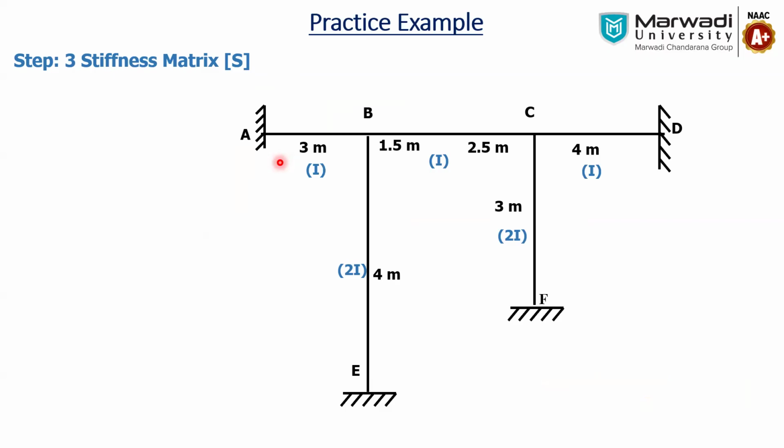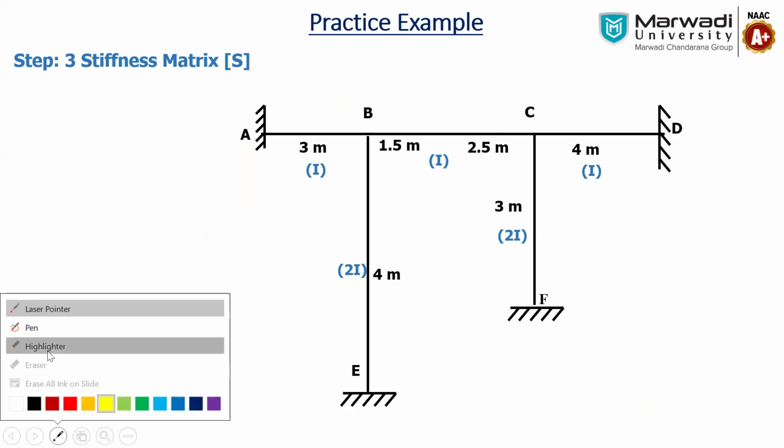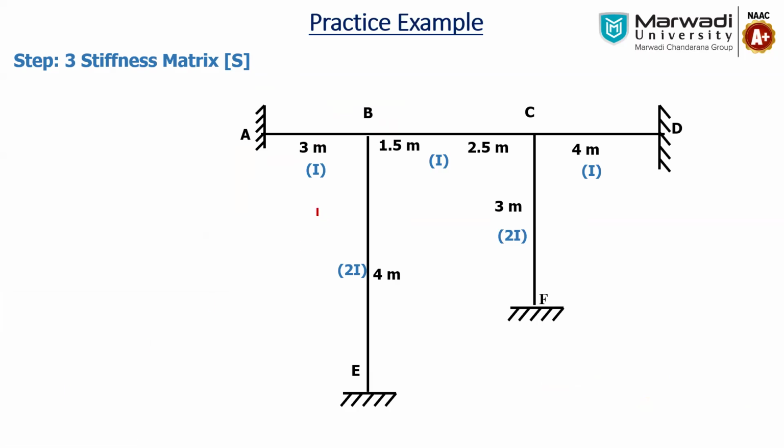Second, we have to give the rotation at B. Here we have to rotate this joint in the clockwise direction. Just imagine how it is going to rotate. This joint B is rotating, so how many members are going to be affected? BA and BC will deflect as it rotates clockwise, so the deflected shape is like this.